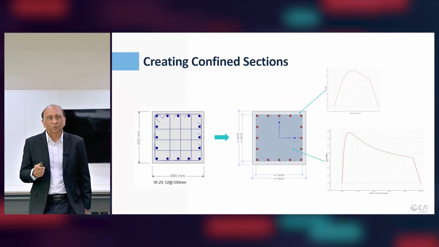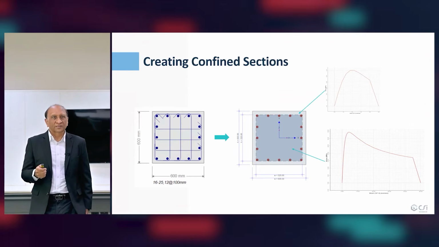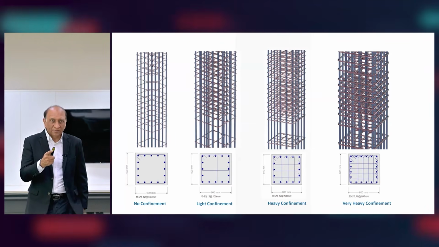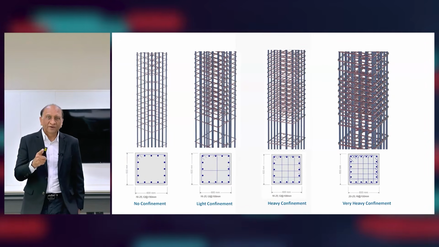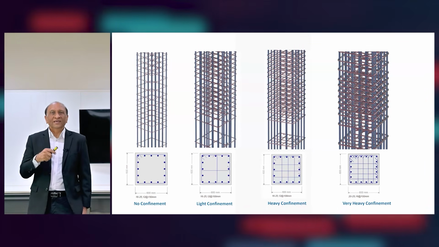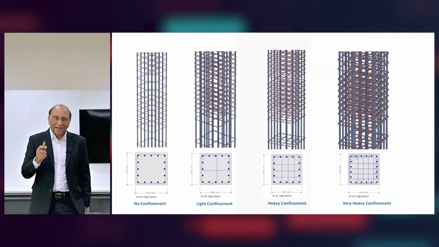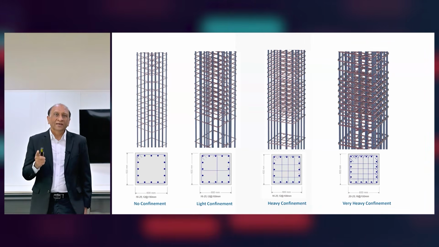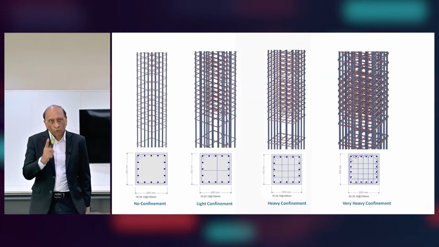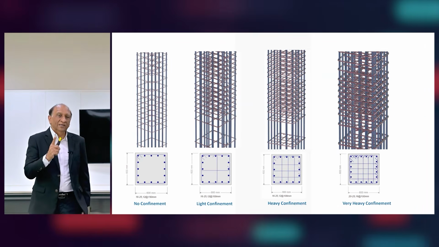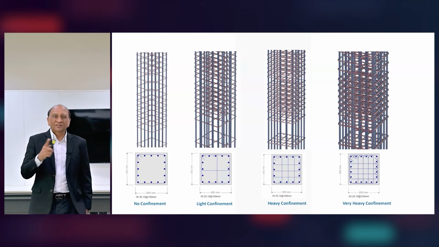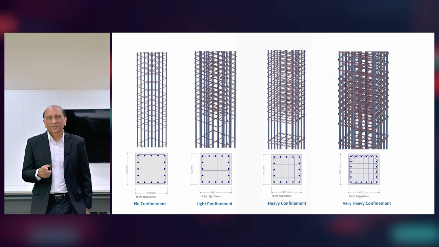And this is a great tool to modify the moment curvature curve. So you can see here, if you have a column with no confinement, moderate confinement, heavy confinement, and very heavy confinement, then the stress strain curve of concrete for each one of those columns will be different. And this is something that is not reflected in the capacity design equation, because the capacity design equation only takes into account the longitudinal steel ratio and does not take into account the transverse steel or ties in the equation.